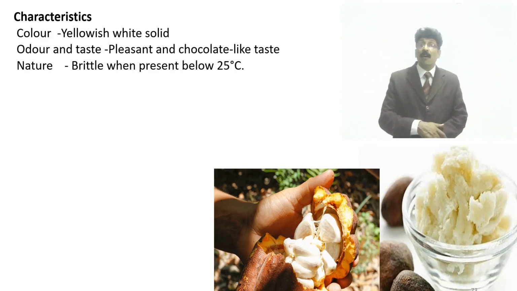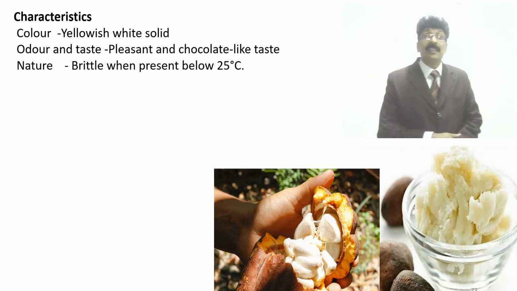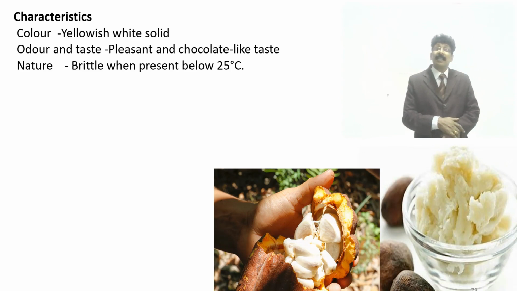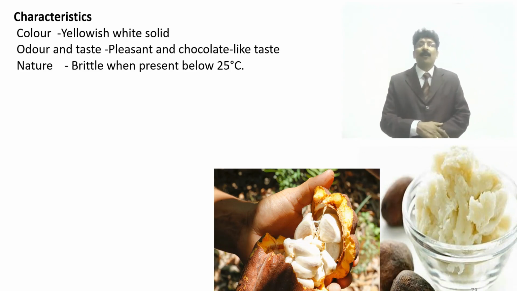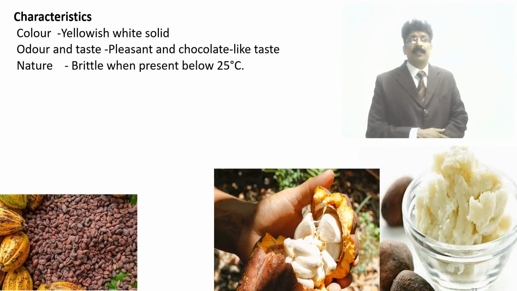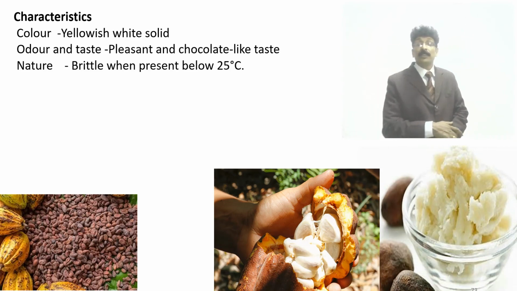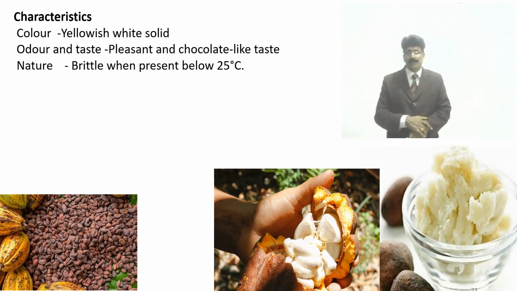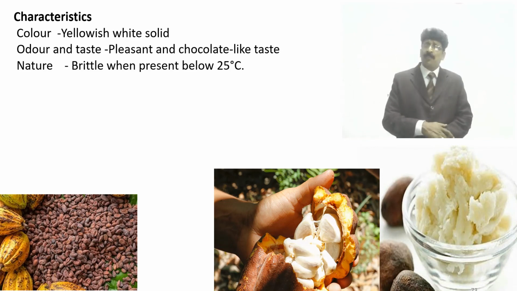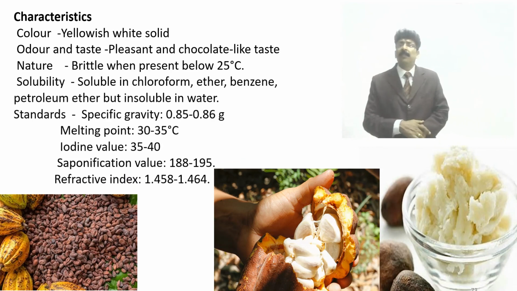Characteristics: color is yellowish white solid, odor and taste pleasant with a chocolate-like taste. Nature: brittle when present below 25 degrees centigrade. So this is the picture of the seeds and the fruits. I have taken one more; it's all taken from the internet. You can see it very clearly. Even a collection of cultivation videos is available on YouTube.